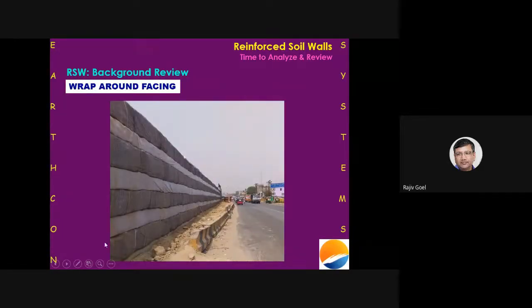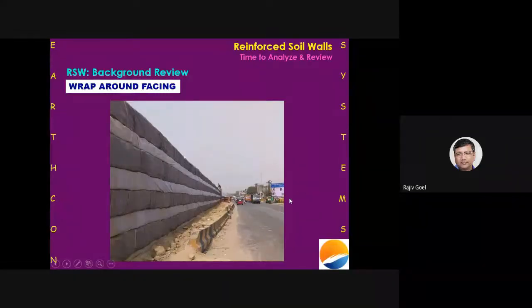The wraparound fascia is the one where the reinforcing element is wrapped back into the soil. The only difference between this and the normal walls I showed you a little while back is that we don't put a concrete fascia here. In India, this is primarily used as a temporary construction.